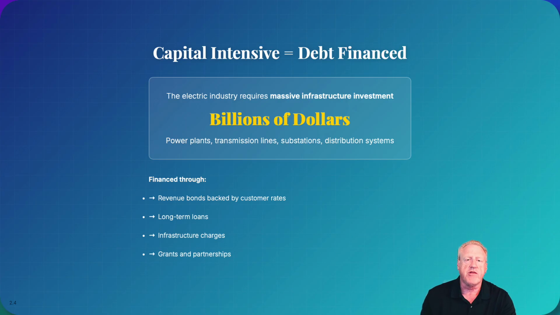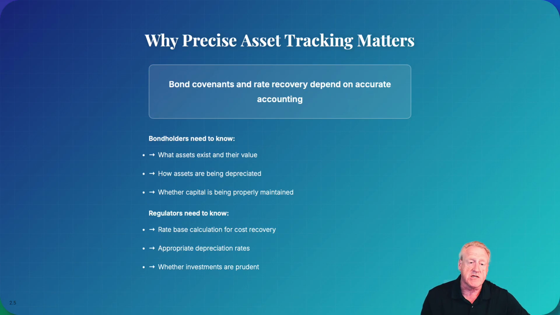So that means every 30 years you need to massively reconstruct your system. Now, you don't do this all at once. You do this on a regular basis to keep up. But that's why it's important where you code things and how they are recovered in your customer rates, because your customer rates will provide you with the monies to replace these plant assets at their historical cost.